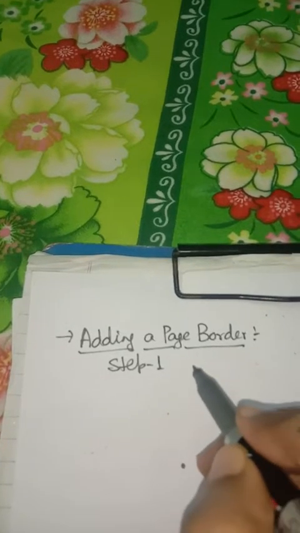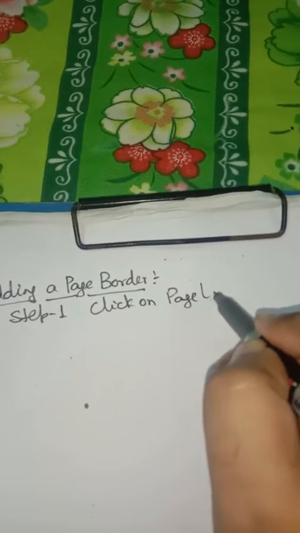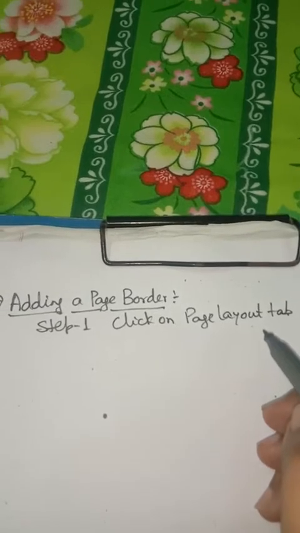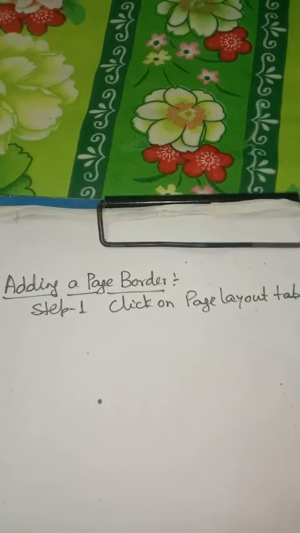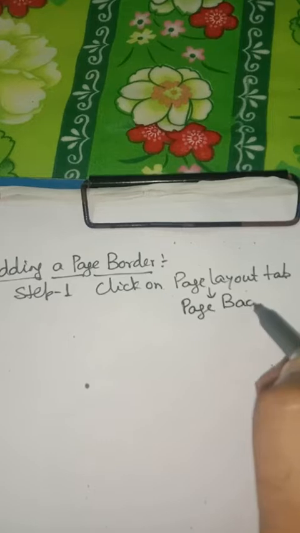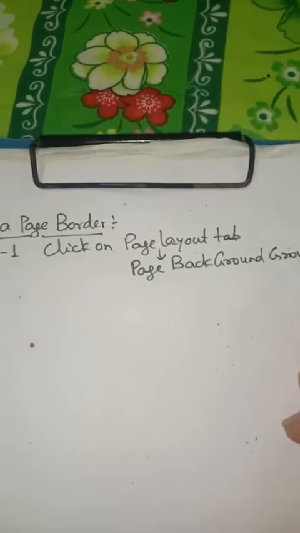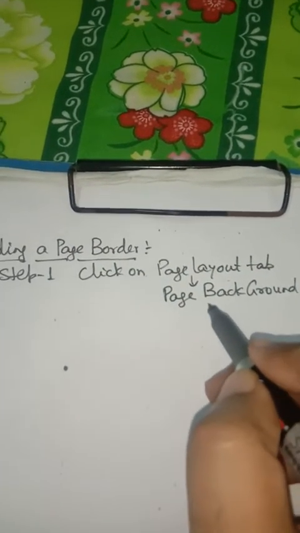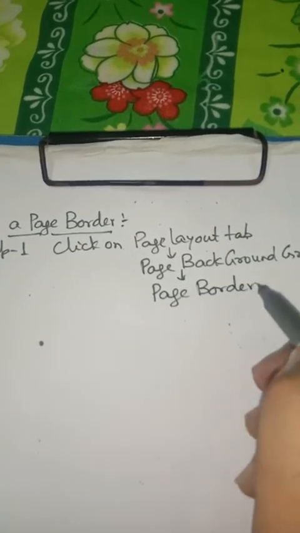Number 1, click on the page layout tab, and then from the page layout tab, click on the page background group, and from the page background group click on the page border option.